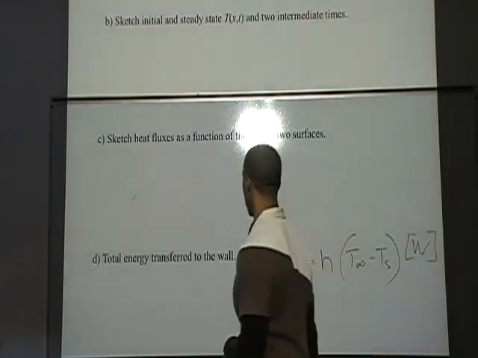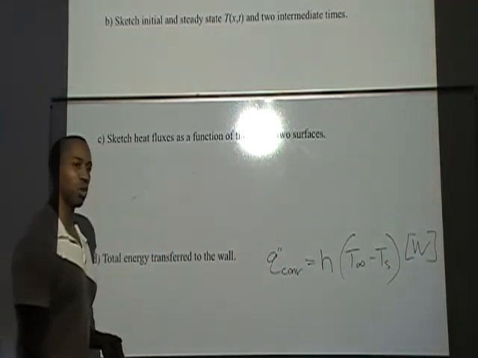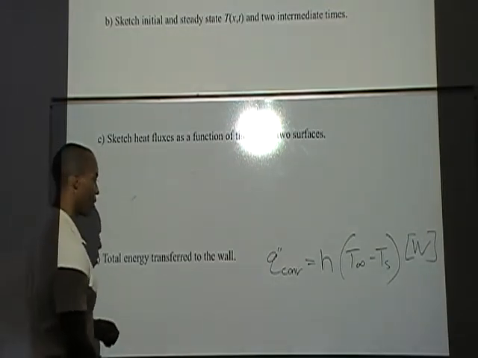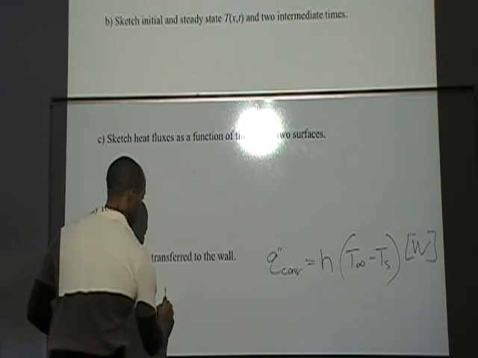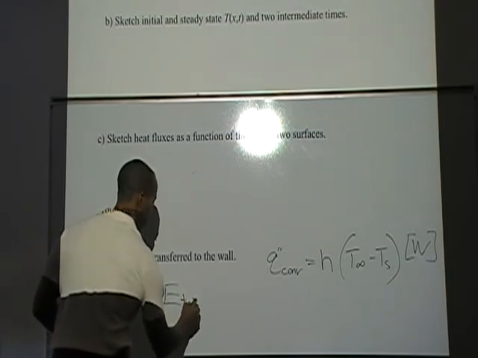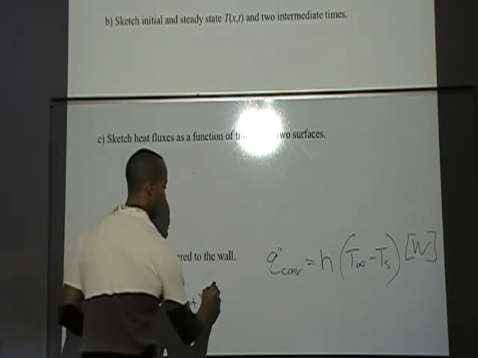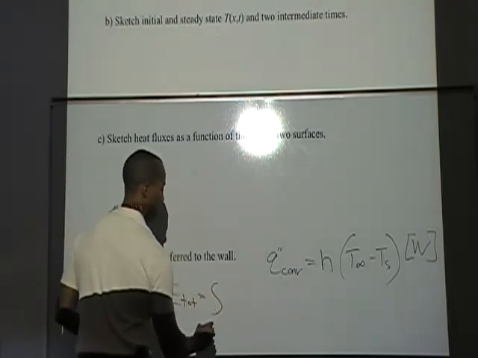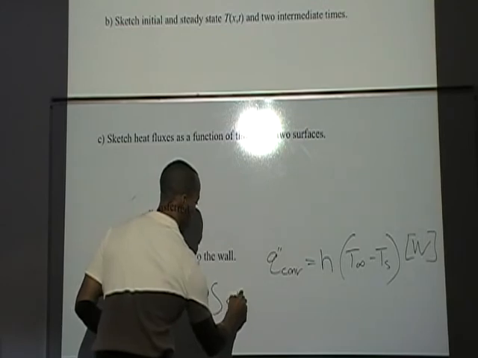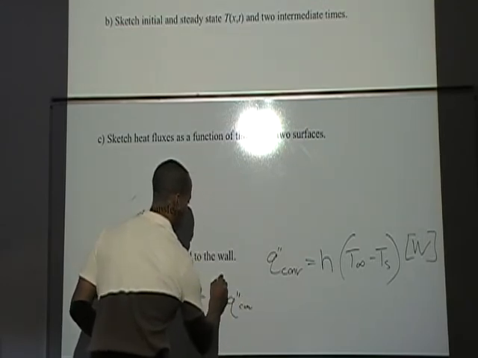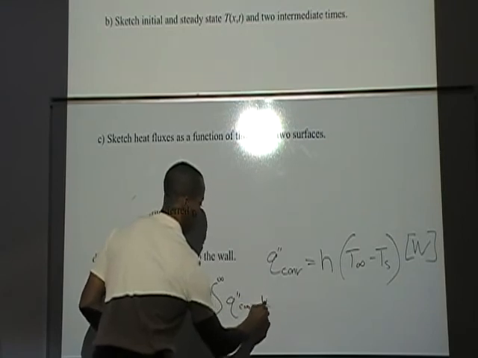So how do we get this into joules? Because we want to know the total energy transfer. So this total energy, let's say it's E total, is going to equal the integral of q double prime convection from time equals 0 to infinity dt.